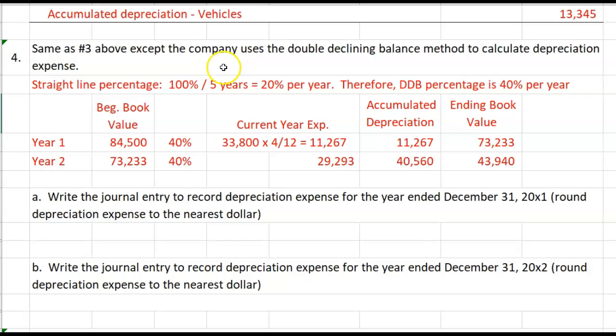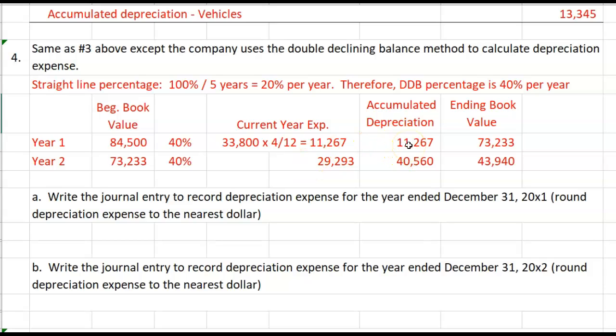Now, the next thing is that you need to multiply that percentage times the declining balance of the book value of the asset. Every year, the book value gets smaller and smaller. Doesn't matter what method you're using, every year the book value gets smaller because the book value is calculated as cost minus accumulated depreciation.